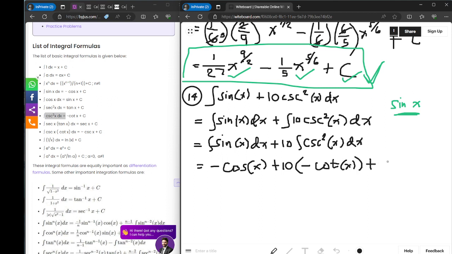And do not forget c. Simplifying further, this will become negative cosine of x, and 10 times negative is minus 10 cotangent of x plus c.